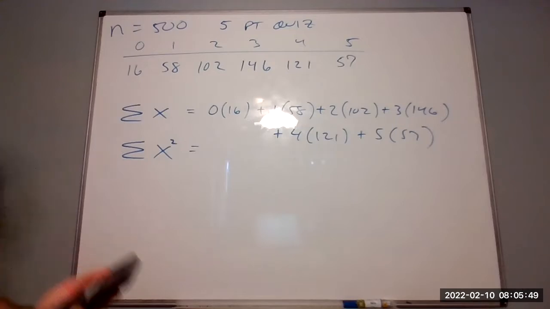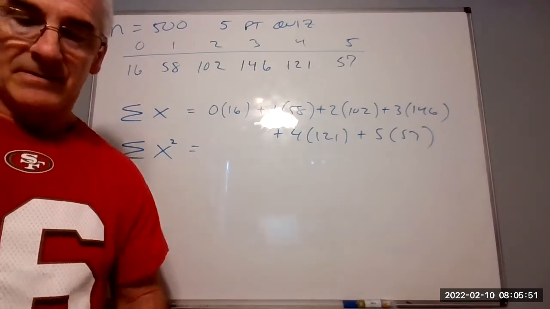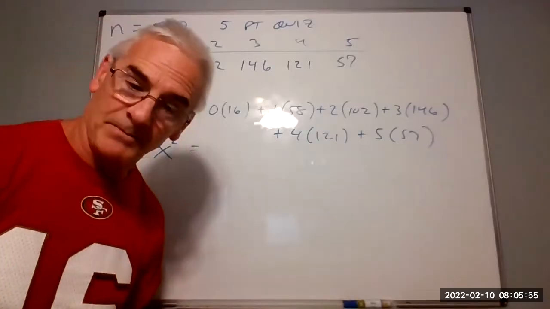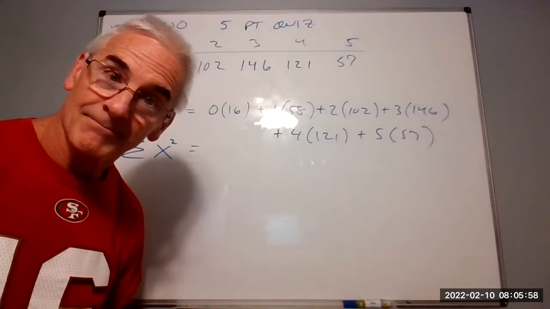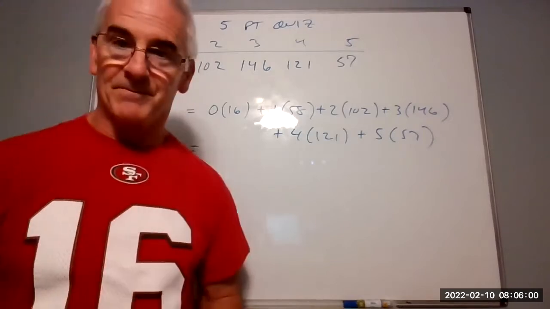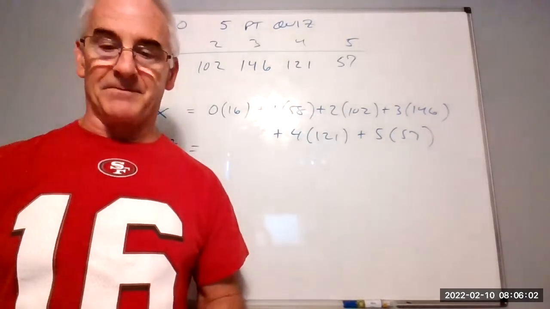All right, so tell me when you have a value. 1,469. All right, does anybody else get that same value? I'm going to wait for a moment. He said 1,469.